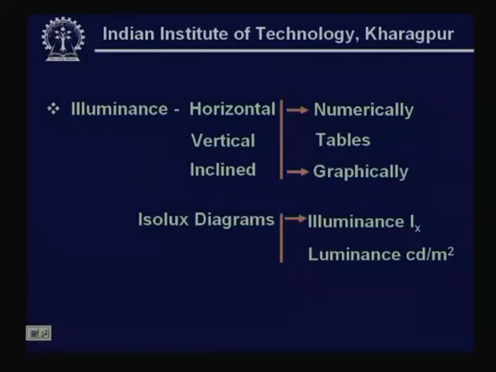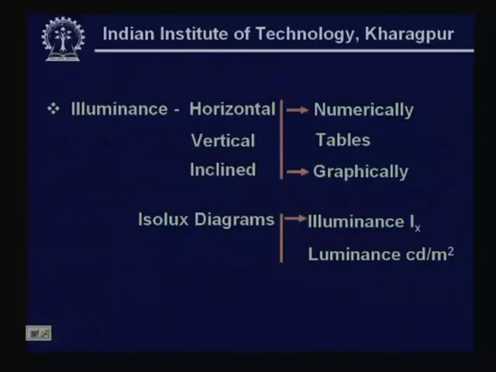The other important issue which comes for a lighting system is the luminance, which is loosely or conventionally termed brightness, expressed in candela per meter square, that is per unit surface area, in that direction where you are interested.